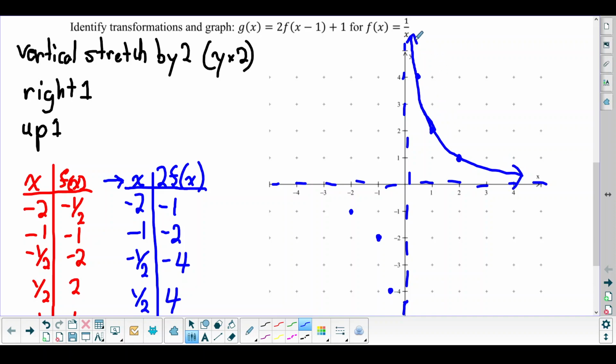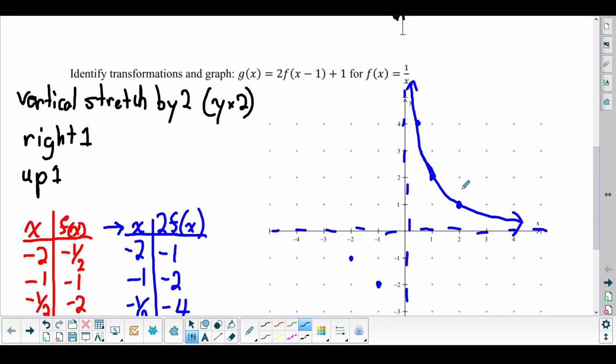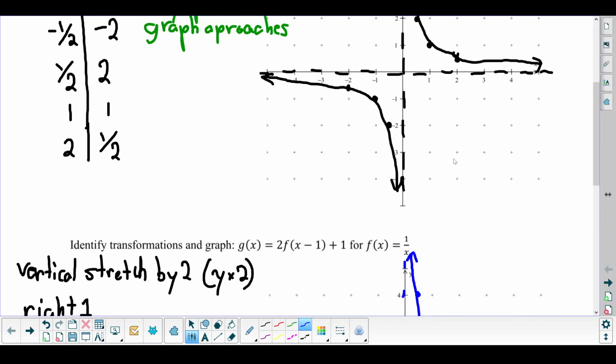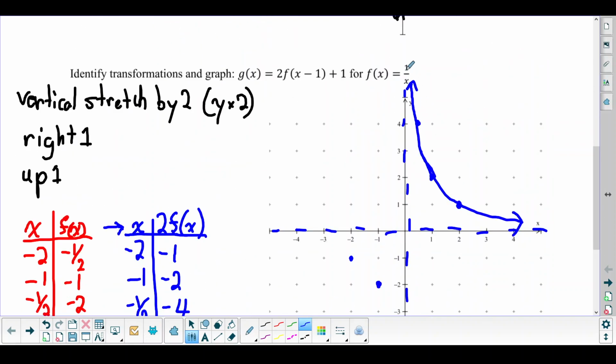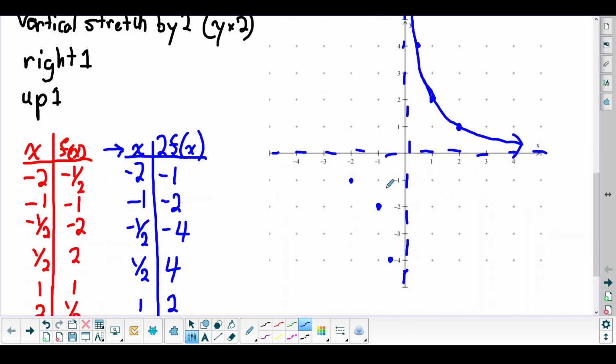And we said we had a vertical stretch, and we don't have the graph on here, but I'm going to scroll up real quick. So see, this one comes in a little tighter to our origin and to the axes, and this one takes longer to do that. And that's part of what the stretch looks like on a reciprocal function. Let's go through these points. And there we go.